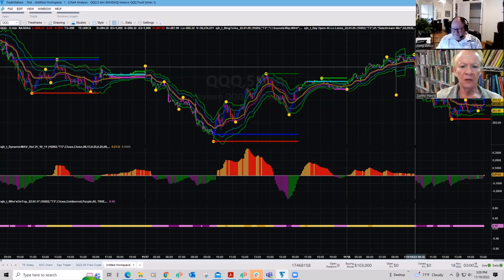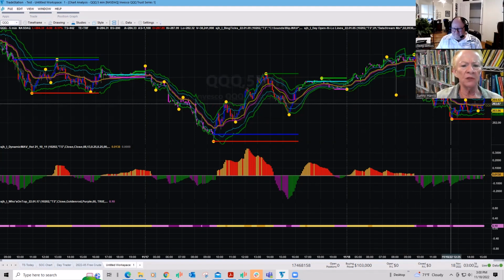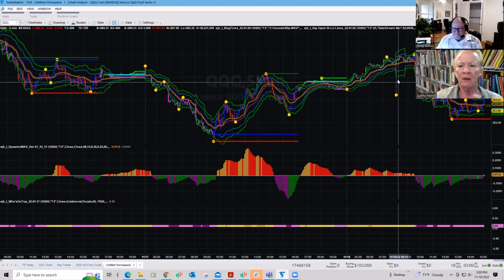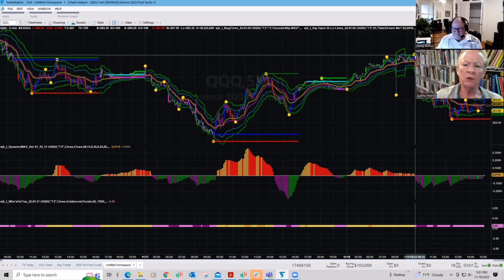Now, the yellow dots, you see them above you, and you'll see there's really good turning points on every one of those dots, right? There's pivot highs and pivot lows. I call that my PHW, which stands for potential hourly wage.